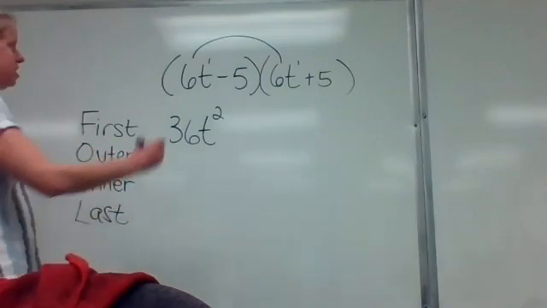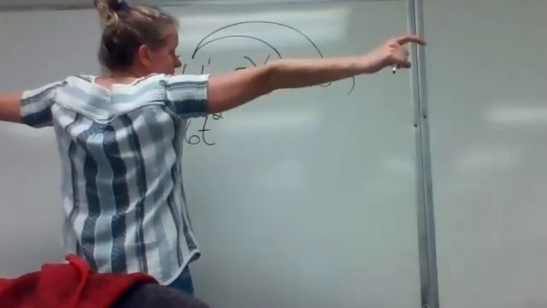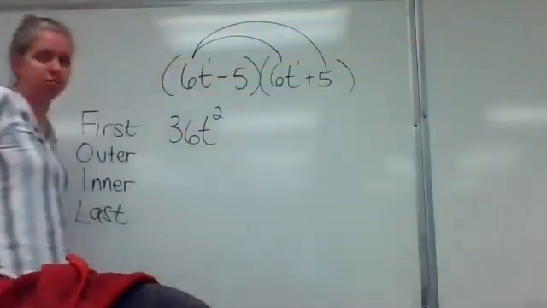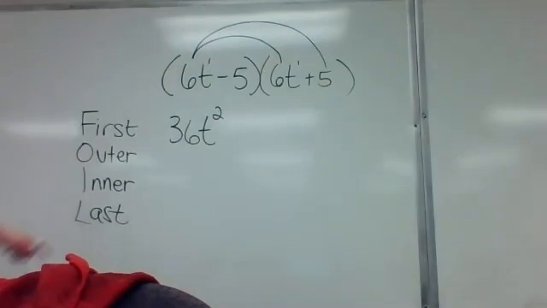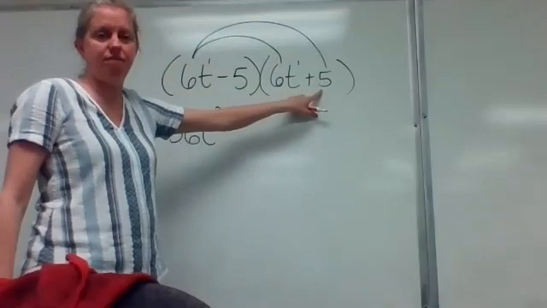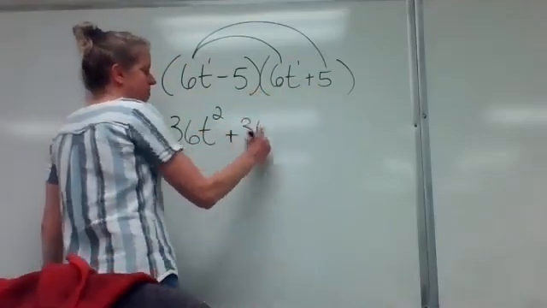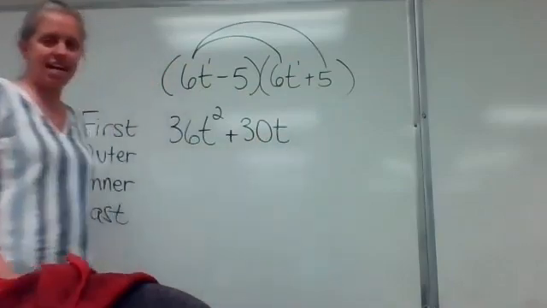So I've done my first. Now I need to go to my outer, which means the very most outside terms from the whole problem. So that means I've got a 6t times a positive 5. So 6 times positive 5 is going to give me positive 30 t's.